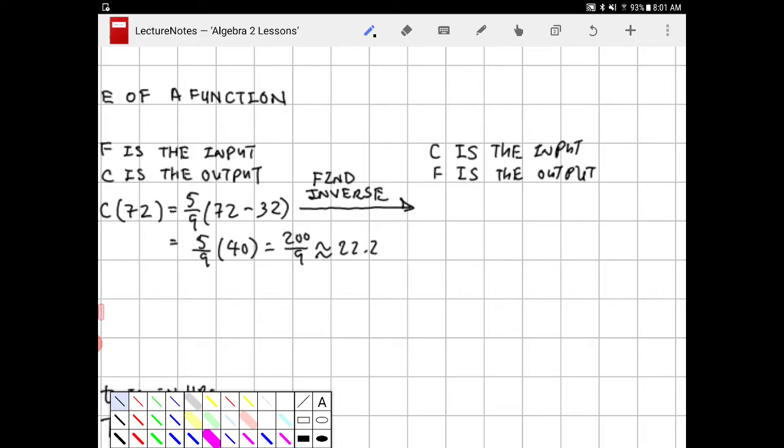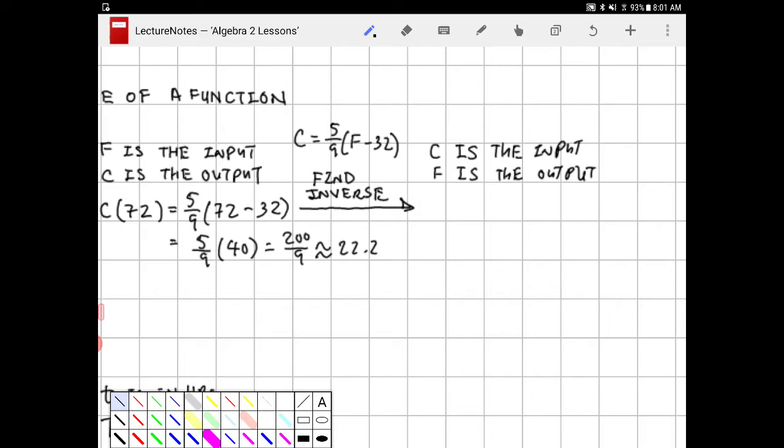So to find the inverse function, we're going to isolate the original input and turn it into an output. What do I mean by this? In the original equation, what we had was C is equal to 5/9 F minus 32.